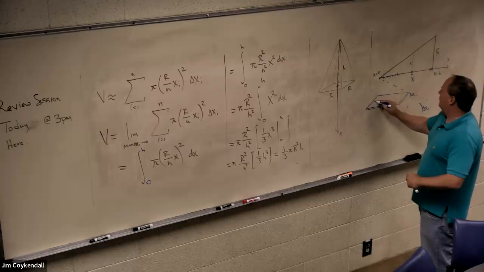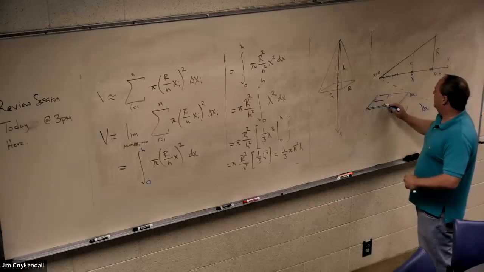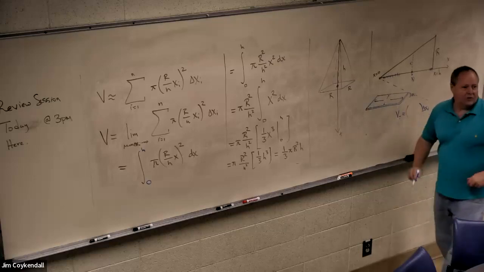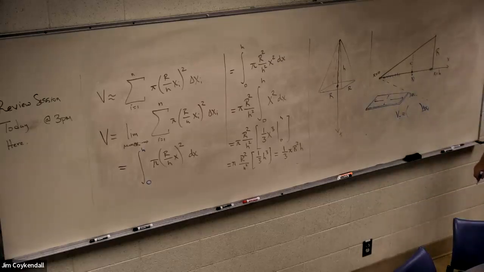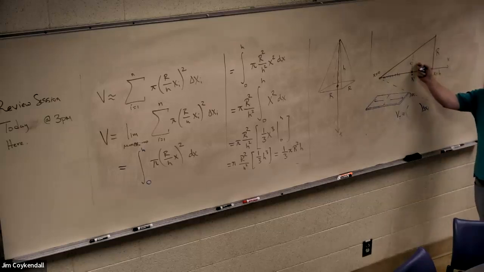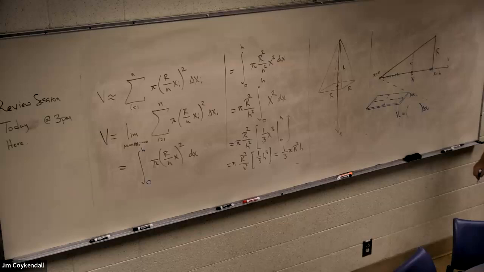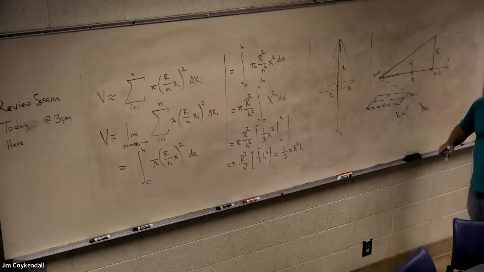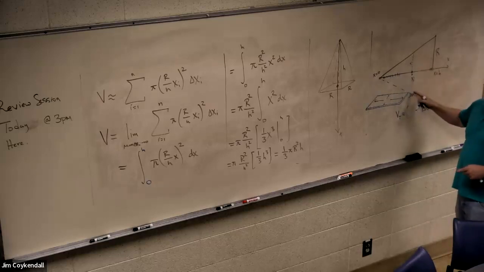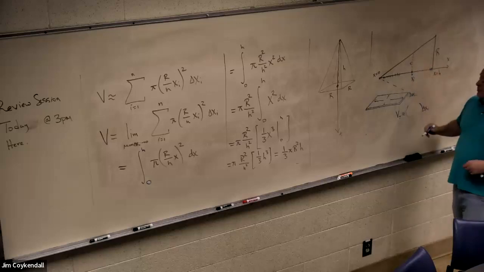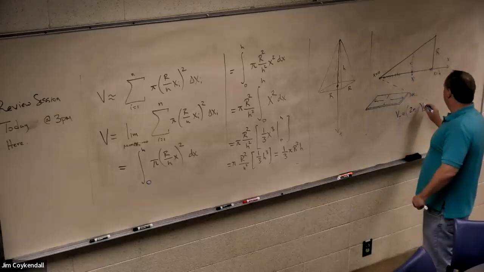The length and the width should be the same thing. By my labeling here, you're close. R is not enough. It's twice R, because you go down to the bottom part. So this is actually 2R.